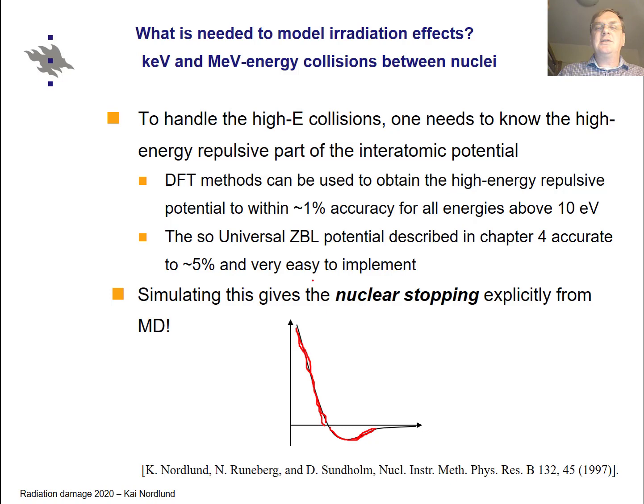This is exactly the ZBL potential which was described in the previous section of this course. This can be used to a fairly good accuracy to simulate the high energy effect. And DFT can be used to simulate this even more accurately. If you're interested, you can check out this reference here, which set it up by comparing with even more accurate methods than DFT.